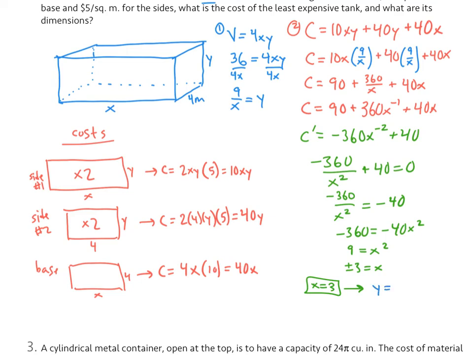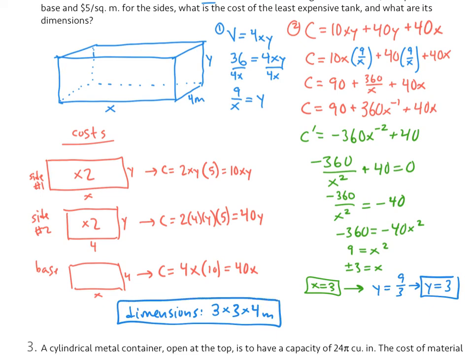So y equals 9 over 3. y is also equal to 3. And we already know the width is 4. So now we know our dimensions. We're supposed to find the dimensions of the container. So that would be 3 by 3 by 4, and that's in meters.